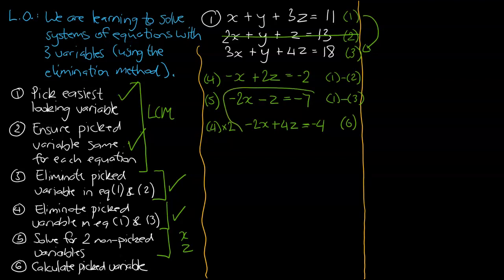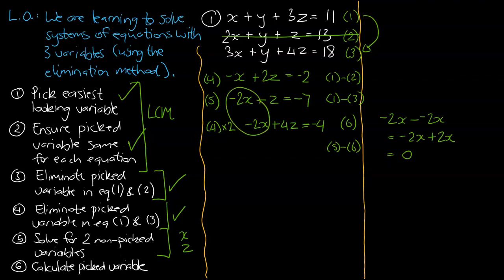So we're now working on these two equations here. And by subtracting the equations, we can get rid of the x's. And that's because negative 2x minus negative 2x becomes negative 2x plus 2x, and they cancel each other out, getting us to 0. So if we do equation number 5 minus equation number 6, we can cancel out those x's.